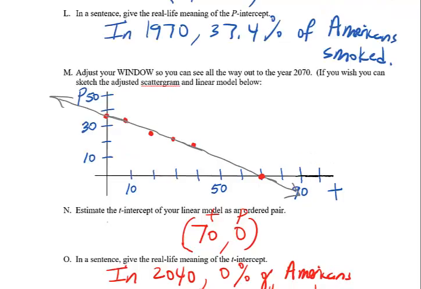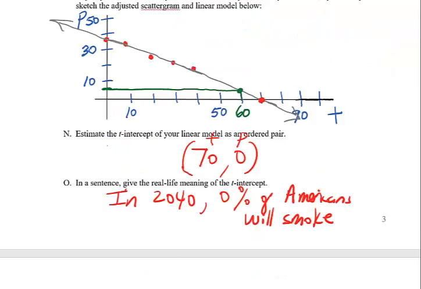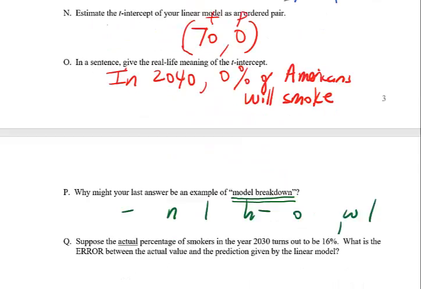That would be a t-value of 60, which is right here. And so once again, I start at 60. I go up to my linear model, I go across from there as best I can to my p-axis, and I don't know exactly where that is. It looks to me to be somewhere close to 6, say, and that would mean 6%. So our model predicts 6% for the year 2030.